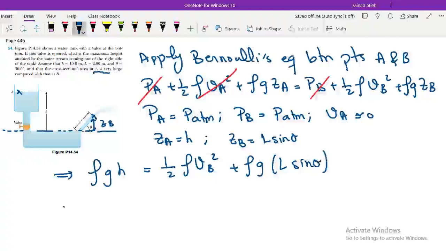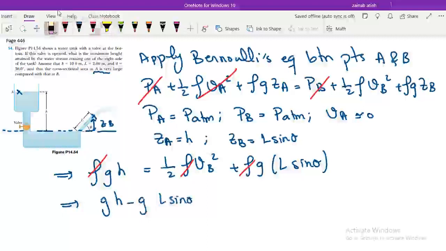Okay, so we will divide the whole equation by rho. I'm searching for VB, and I will write g h minus g L sine theta, equal to half VB squared.